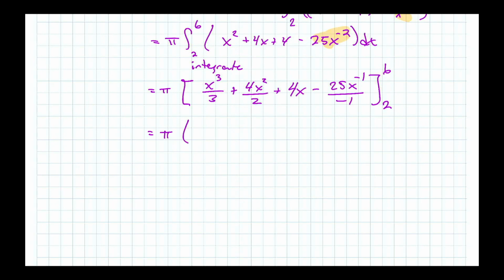All right. Before I plug in my limits of integration here, I just want to simplify this a little bit. Negative, negative means this is a positive. The 25 is on top. X to the negative 1 is an x in the denominator. So that's how we could write it.